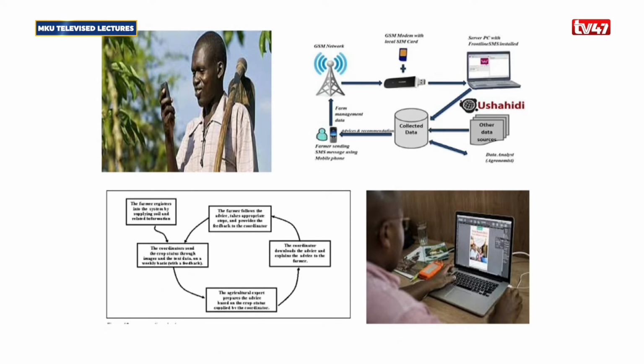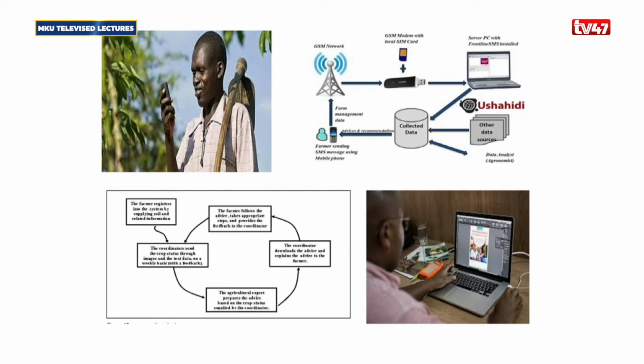The farmer registers to the system by supplying the soil and related information. Then the coordinators send the crop images and test data. Then the agricultural expert prepares the advice based on the crop states supplied by the coordinator.